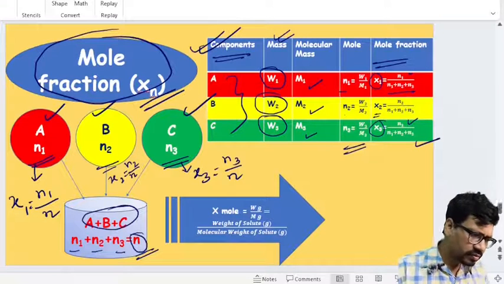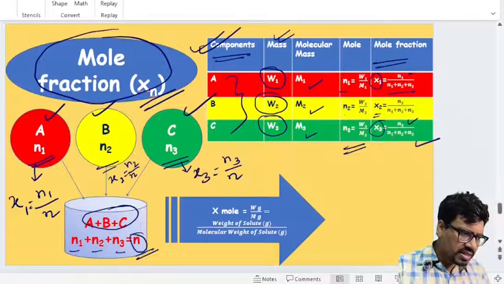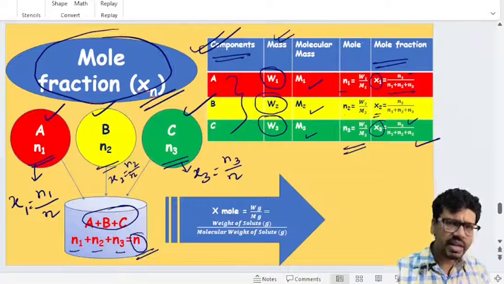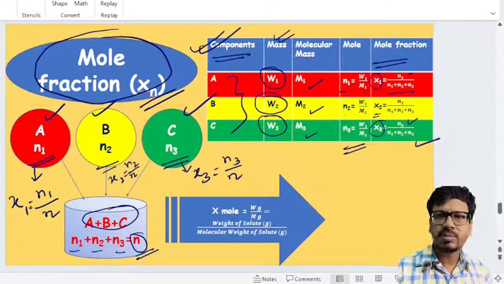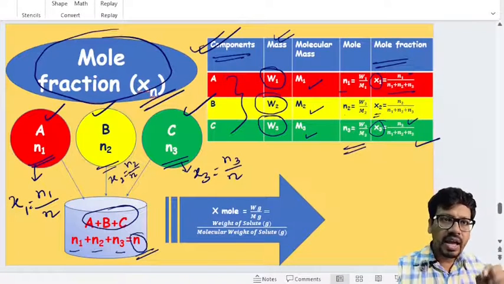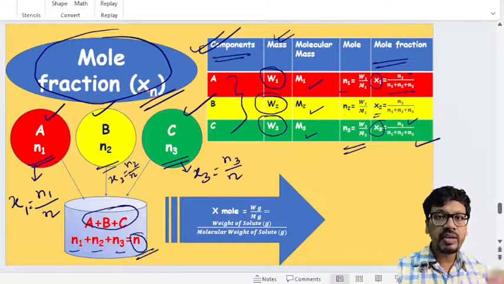I just discussed only the definitions of the various types of concentration terms. I request you to remember the definition exactly.